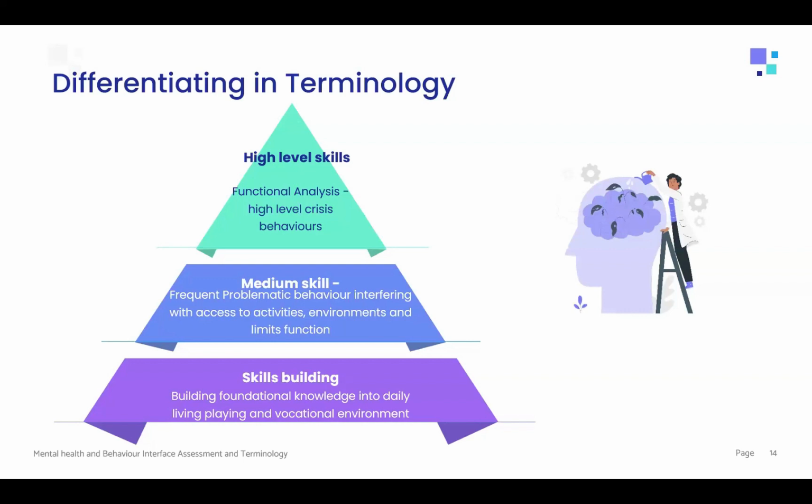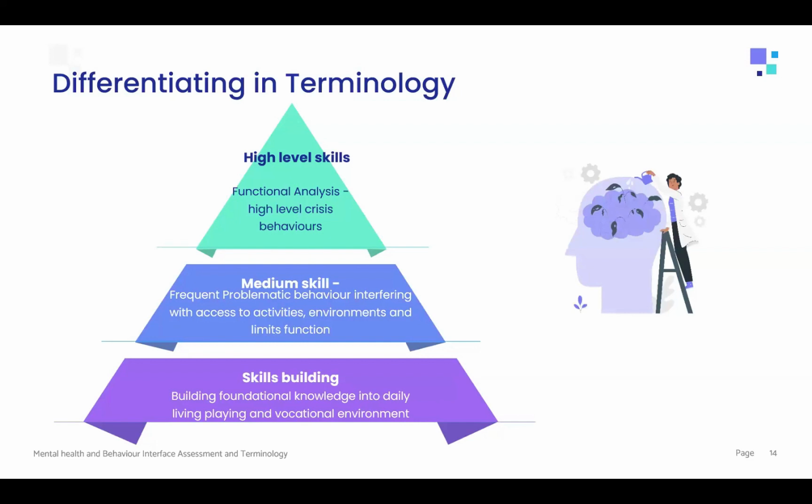For example, a level 1 type of behavior would involve something of a lower frequency, happening only on certain occasions, minor disruptions to the day program or the context in which it's occurring, as well as the severity not really causing too much harm, but enough where the assessment was warranted.